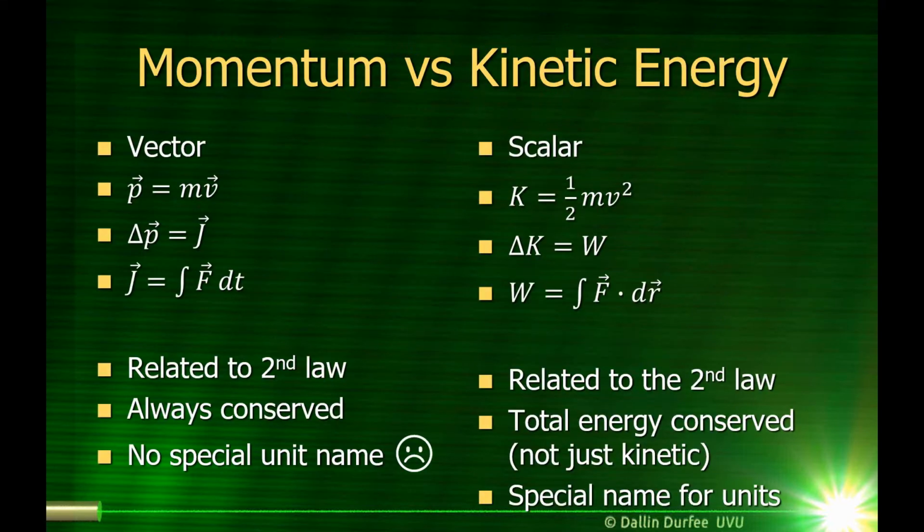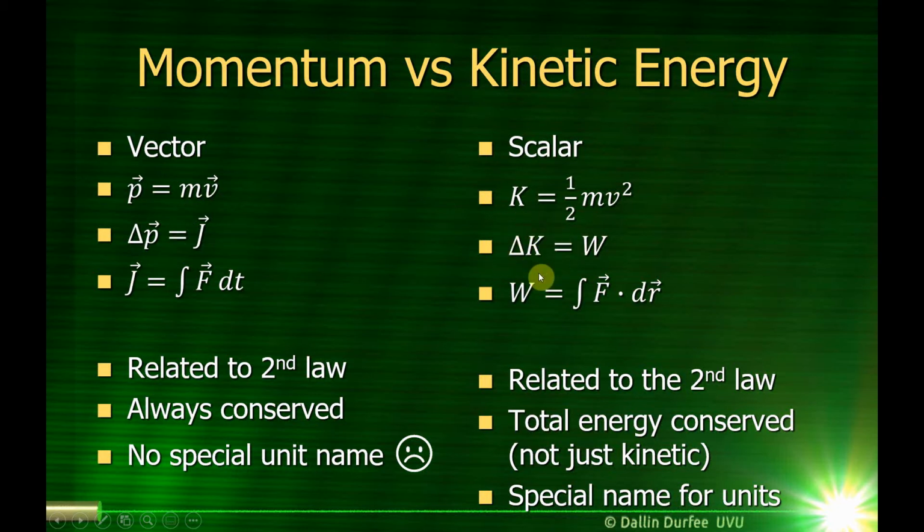Okay, so just a quick summary of what we talked about today. We talked about momentum, and we can compare it to kinetic energy. Momentum is a vector, kinetic energy is a scalar. Momentum is equal to mass times velocity. Kinetic energy is 1/2 mass times velocity squared. Change in momentum when something happens to an object, we call that the impulse.